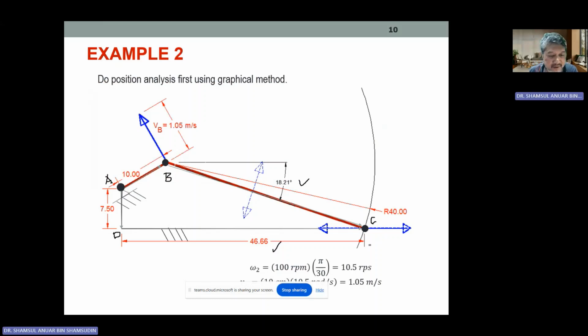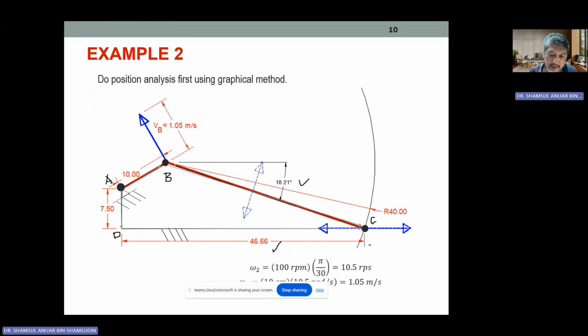And then we have this VB pointing that way, and we can calculate VB as shown over here, and we can label it like that. And then we have to understand a few more things. Like the velocity, there'll be velocity that is perpendicular to the connecting rod, and also there's a velocity for the slider.